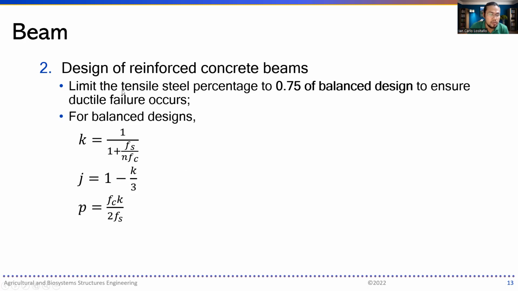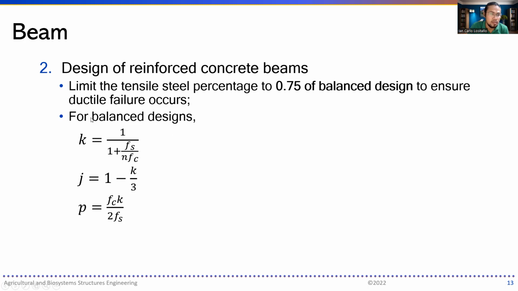a given example. But before we do, here are also some relationships to show the values of k, j, and p. You have the limit. We want to limit the tensile steel percentage to 0.75 of the balanced design to ensure that ductile failure occurs. Then there would be cracks, but it is much better than just failing without warning.